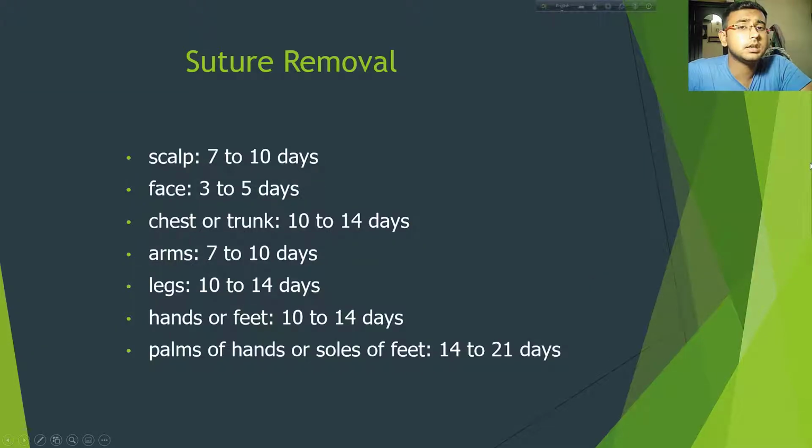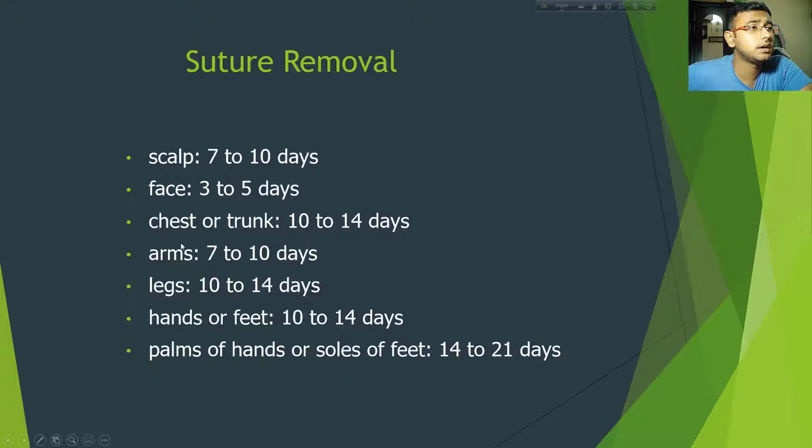You must remove suture material depending on the organ. The scalp is a very vascular organ, vascularity is very good in that area. In that case 7 to 10 days is usually needed, and the face 3 to 5 days, as it is also more vascular.